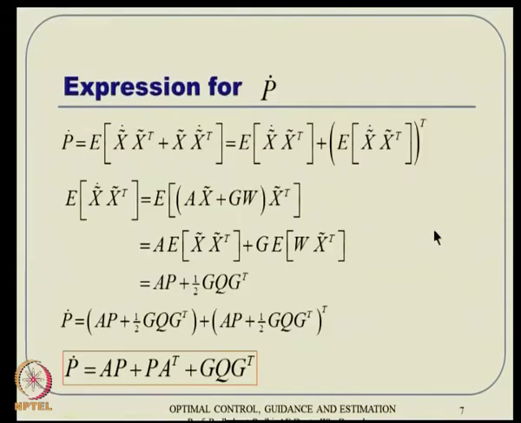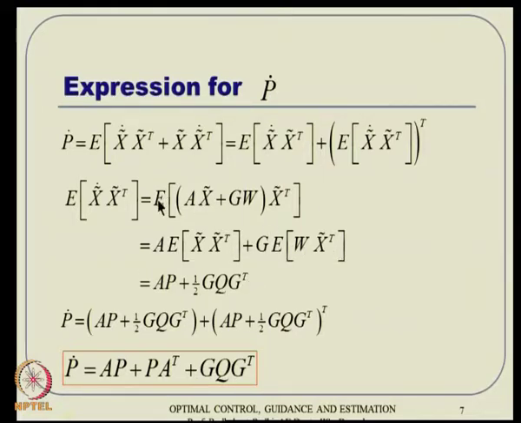So alright, now the expression for P dot is like this by definition. Again you separate out these two terms, and this term plus the same term transpose. So this term happens to be something like this. So the expected value of all that, and then the expected value of X tilde transpose is something like this, plus GE W times this actually.